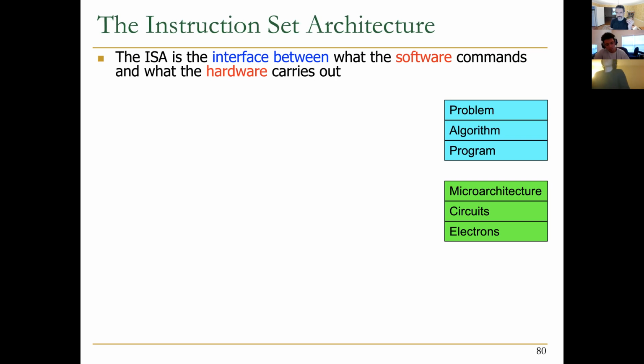So the ISA is a contract that defines this connection. Once we have this contract, the programmers know how to write programs, how to combine these instructions to implement the program that they want.